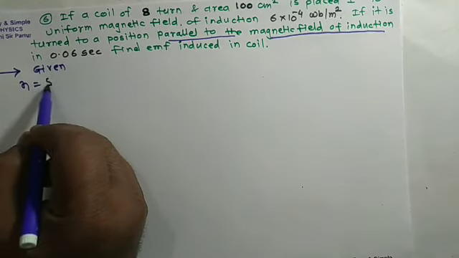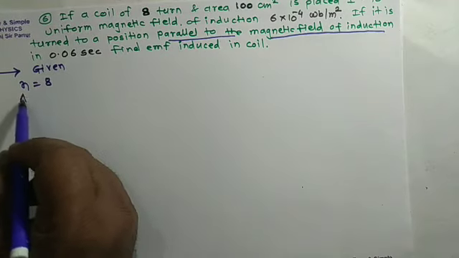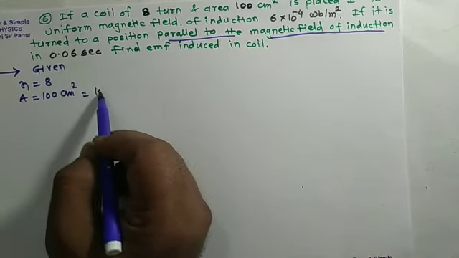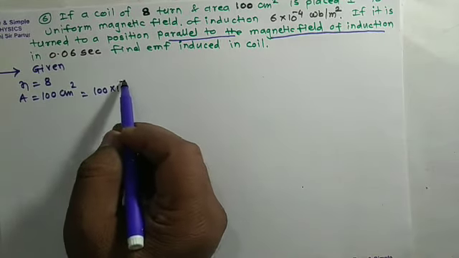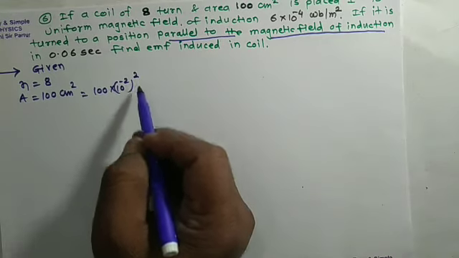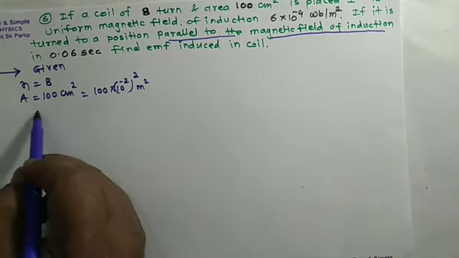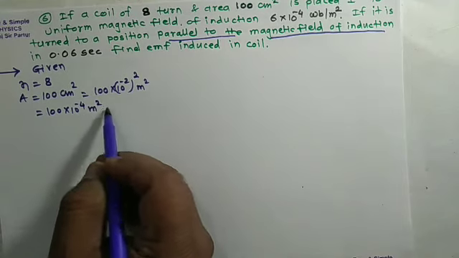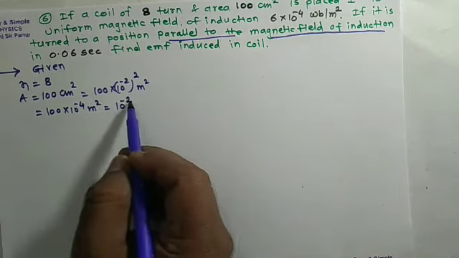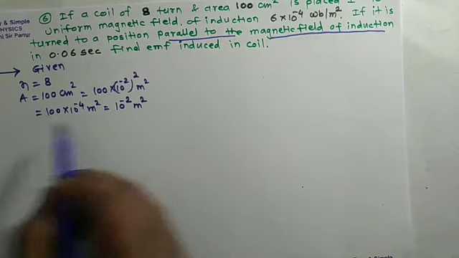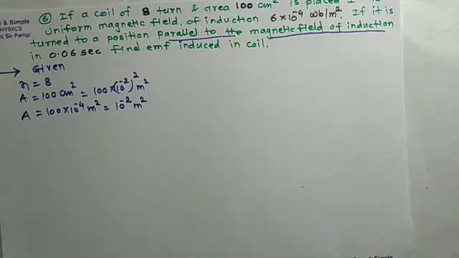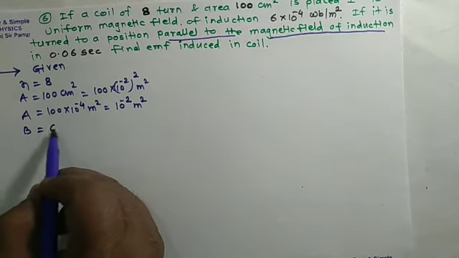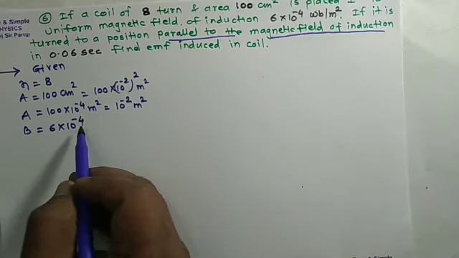N is given as 8, area is 100 centimeter square, which will be 100 into 10 to the power minus 2 whole square meter square, means 100 into 10 to the power minus 4 meter square, which becomes 10 to the power minus 2 meter square. That is the area. Magnetic field induction is 6 into 10 to the power minus 4.